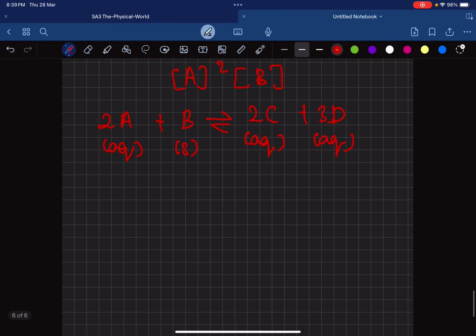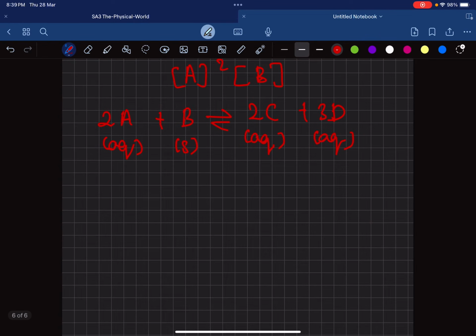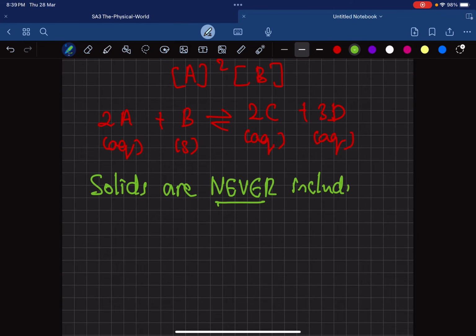So under these circumstances, we never ever include solids. Solids are never included in the k expression. Never ever, even if it's homogeneous.